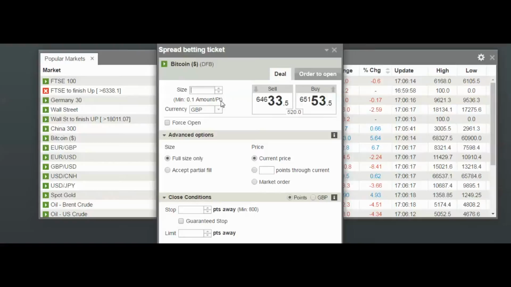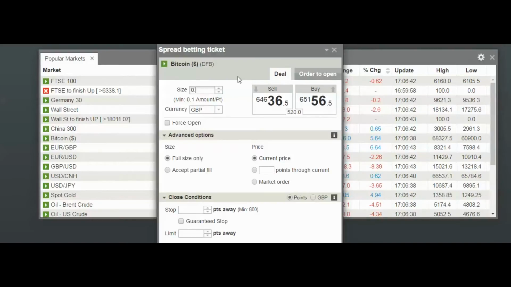If you get this wrong, you really could see yourself losing a heck of a lot of money. Of course, IG will make sure that you have enough money in your account to protect you, so they'll tell you what the margin requirements are. So there is a protective mechanism built into this.